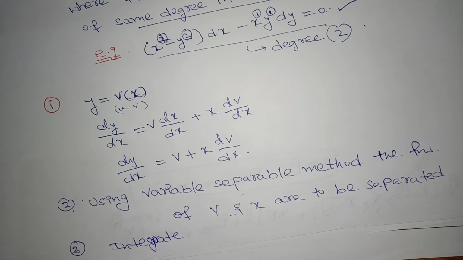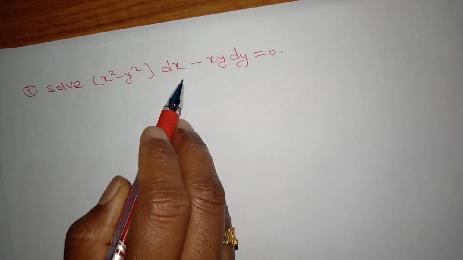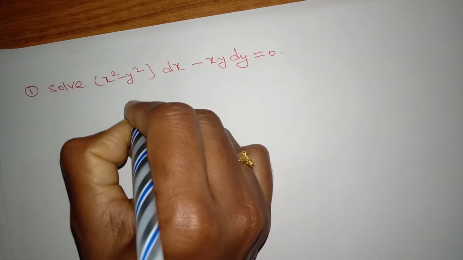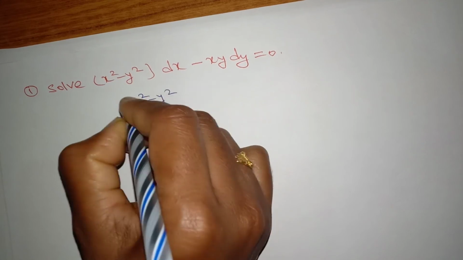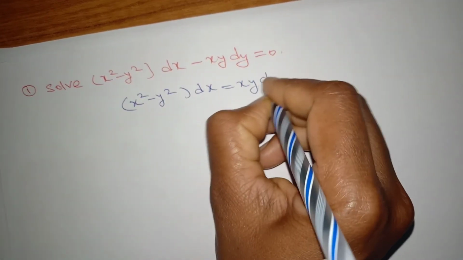Now we will solve a problem. Solve (x square minus y square) dx minus xy dy equals 0. Now rewrite this equation: (x square minus y square) dx equals xy dy.